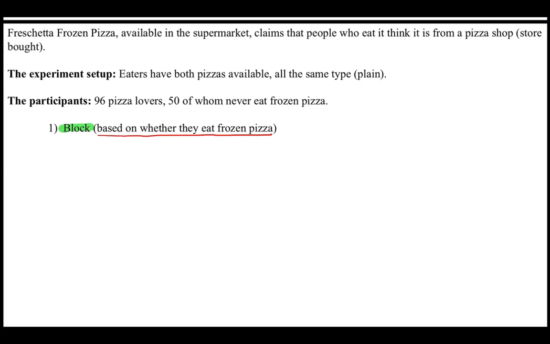So how many blocks am I gonna have here? Like the last one I had 2 blocks, males and females. How many blocks am I gonna have for this one? 2. What are they gonna be? People who have eaten frozen pizza, people who have not eaten frozen pizza. Okay.